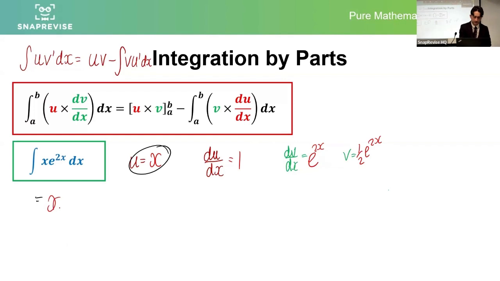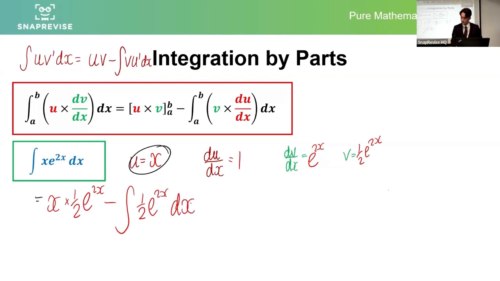So x times a half e to the 2x minus the integral of the other way round, which will be 1 times a half e to the 2x with respect to x. Okay, so we still leave ourselves with an integral to do, but it should be an easier one than the original question. And don't forget, guys, you can pull the half out the front and just do the integral of that and then tidy it up.